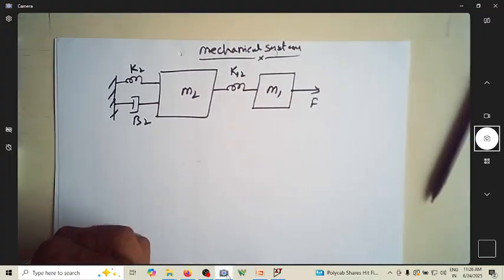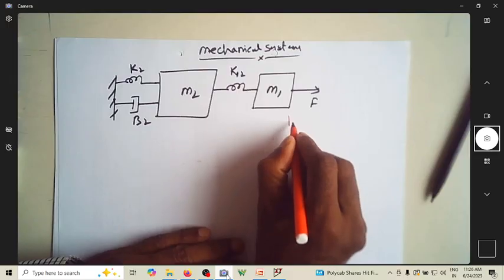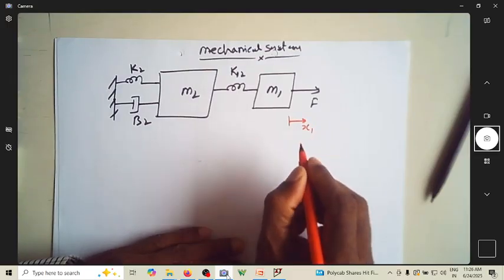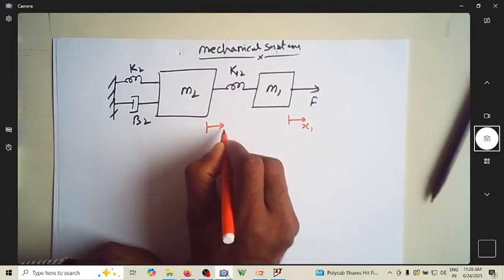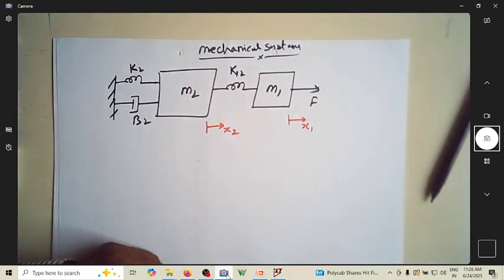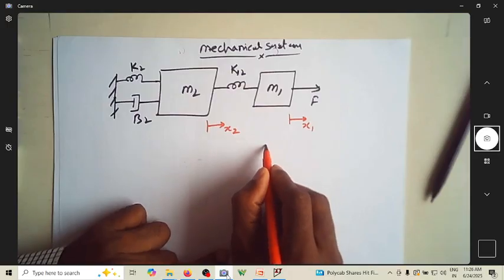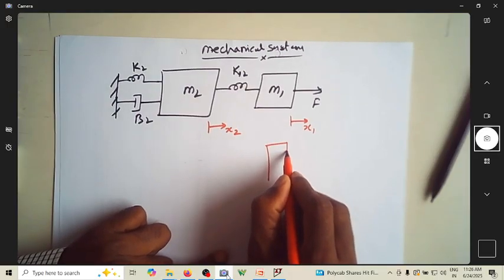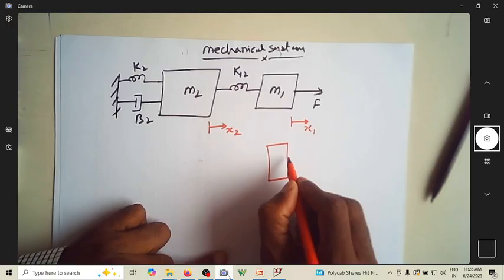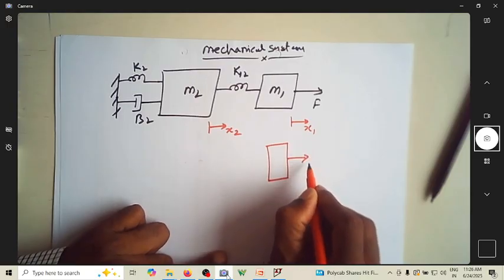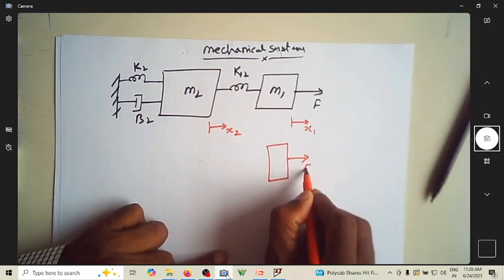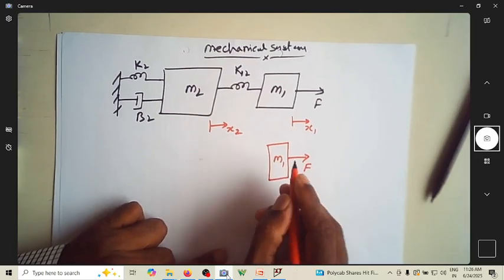So let us identify the displacements here. This has a displacement of x1, and let us assume that this has a displacement of x2. Let us write the free body diagram for this mechanical network, with acting force F in the direction shown here on mass m1.